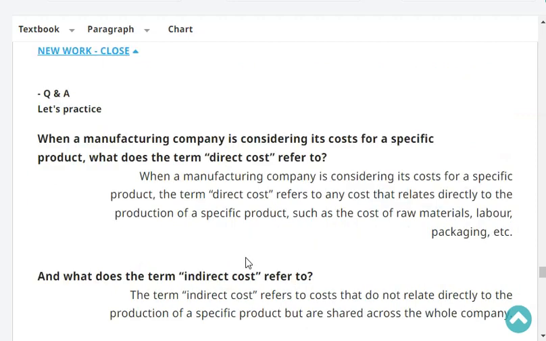When a manufacturing company is considering its cost for a specific product, what does the term direct cost refer to?